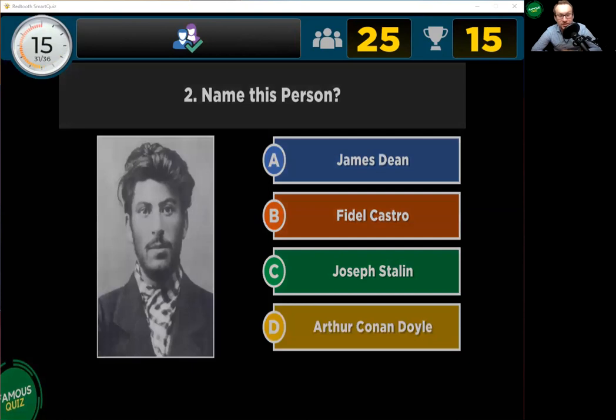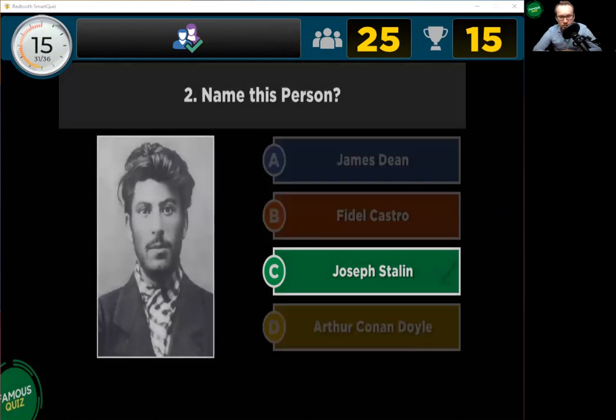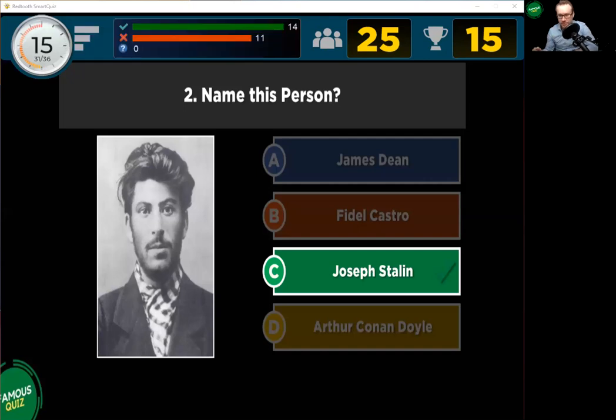Yes, this used to be the ruler of the USSR. And his name is obviously Joseph Ilyich Stalin. I said it in a proper Russian accent, Joseph Ilyich Stalin, or Joseph Stalin in English. Okay, how many correct answers? You have 14 correct answers. Perfect. That's more than half, and that's a good score.